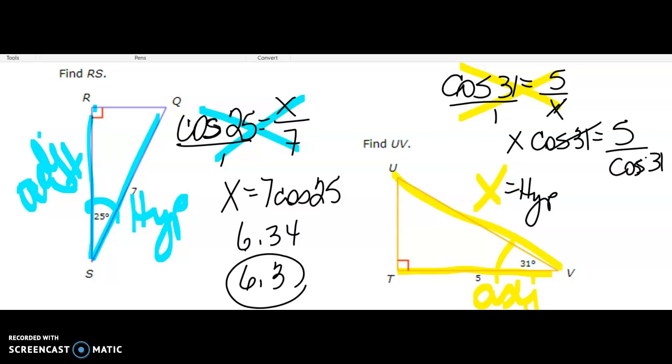So 5 divided by cosine 31 equals 5.83. 3 doesn't change the 8, so 5.8. If you're using a phone, you do 5 divided by 31 cosine equals, and that should get you the same thing.